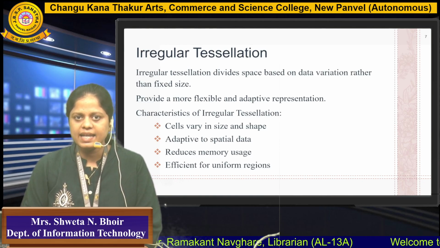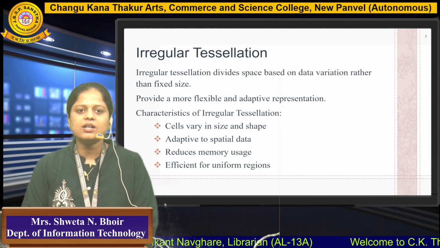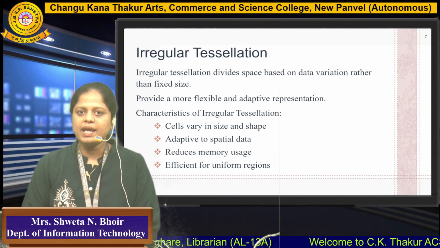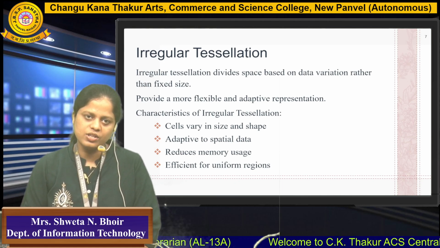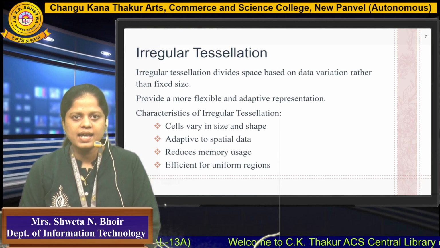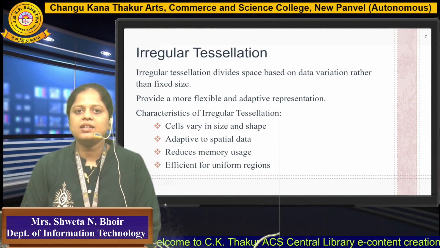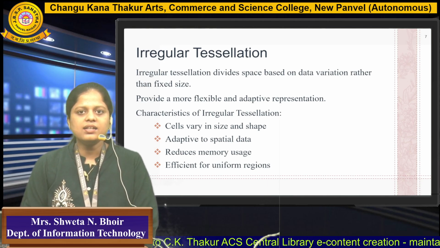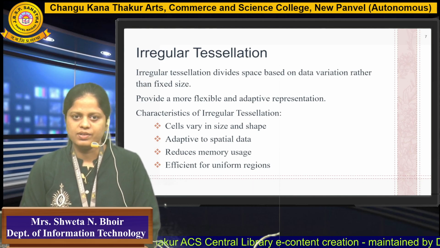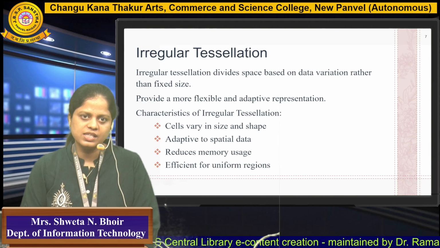Second is the irregular tessellation. It is the opposite of the regular one and more complex, but it is more adaptive than the regular. Why? Because here the size and shape are not fixed.